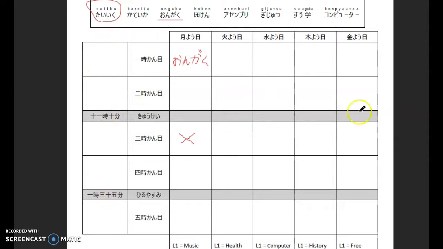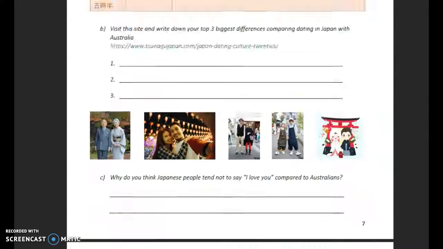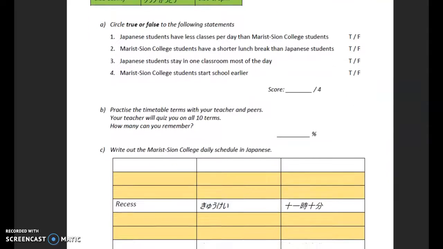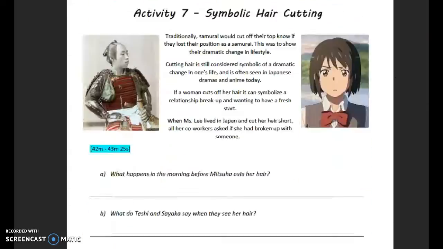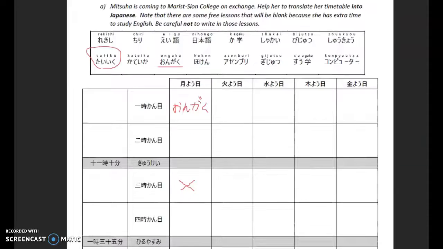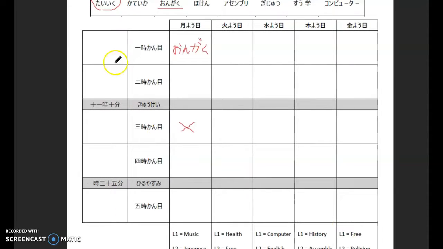So this is what we've already done back in activity 4, I think it was. Yes. So you were doing your Mara Scion daily schedule and you did the time over here. So if you haven't, you'll have to do that now so that you can copy your answers into activity 9 on the side. So I know that lesson 1 starts at 9:15, so I need to write 9時15分.